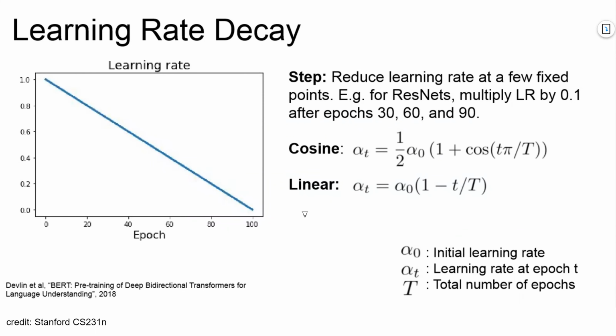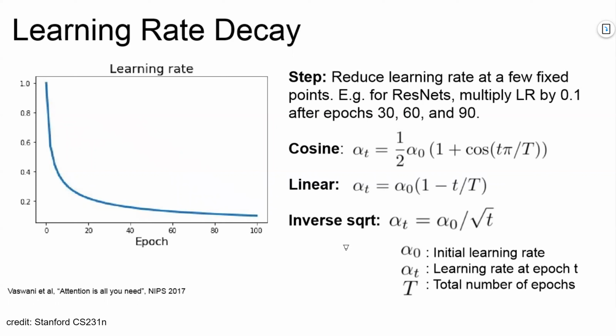There is another scheme called linear. We just linearly reduce the learning rate. This paper used this learning rate schedule. And there is another one, inverse square root. Attention Is All You Need is the paper for the transformer.